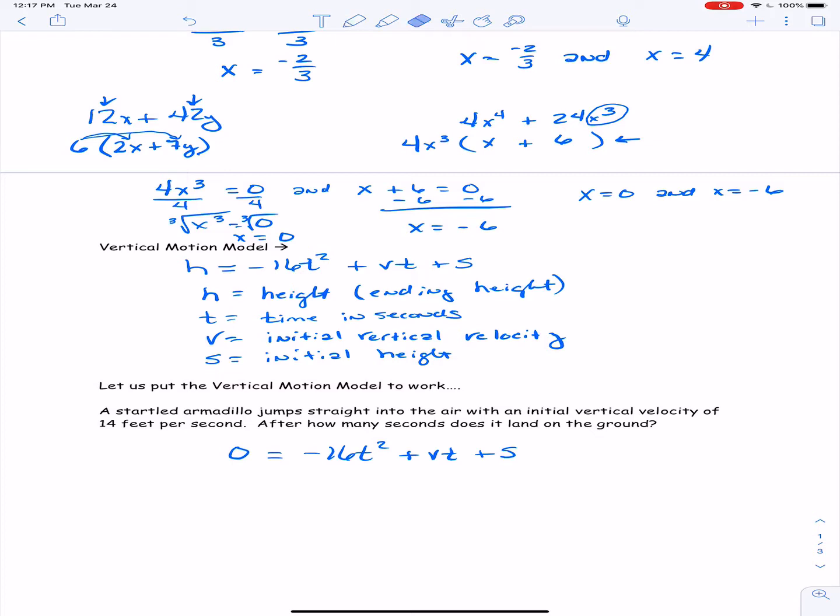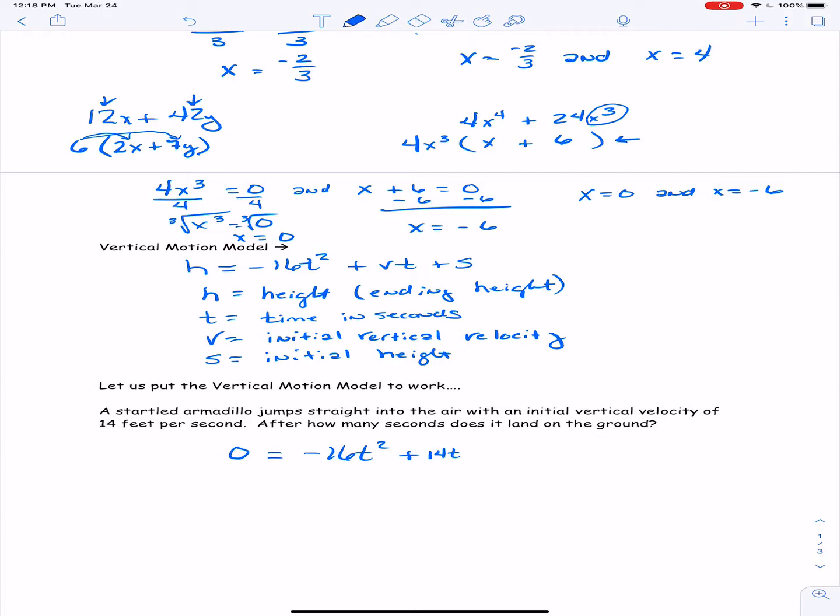We know that the vertical velocity for this is 14 feet per second. So we're going to put that. And our armadillo started on the ground, which means it started at 0. Now, because this is 0, I don't need this right now, so I'm going to pull that out.